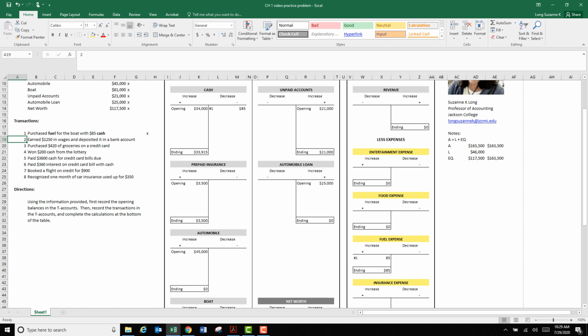Say it out loud. Earned, wages, and deposited. So I would say the key words here would be earned and deposited. I'm just playing around with the color. Yeah, I think the red looks better. Earned, deposited.